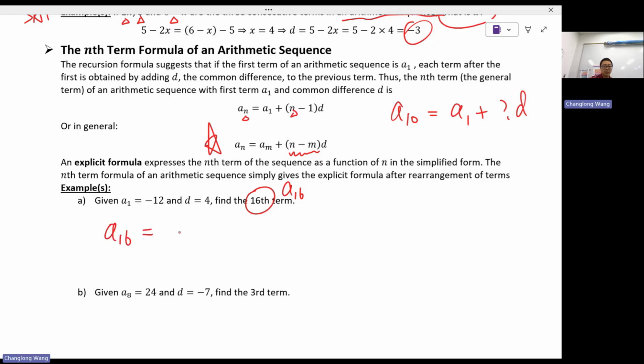A sub 16 is a sub 1 plus, now it's 16 minus 1, times the common difference d. That will be negative 12 plus 15 times 4. So you're going to get 48. Right, so that's it.